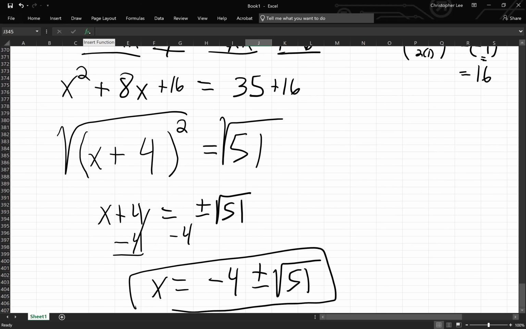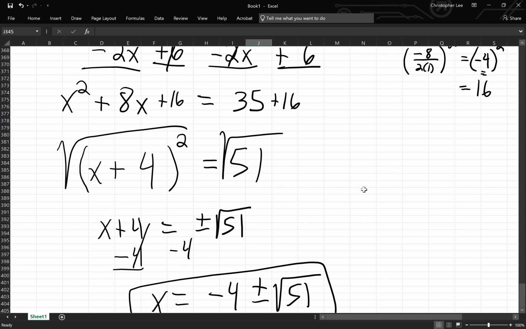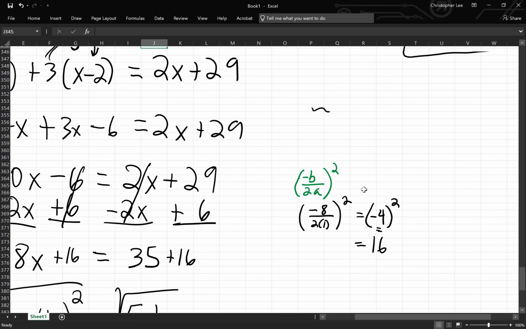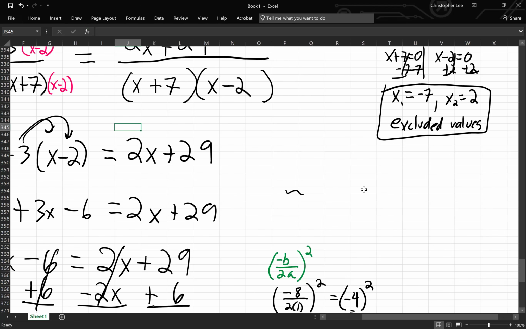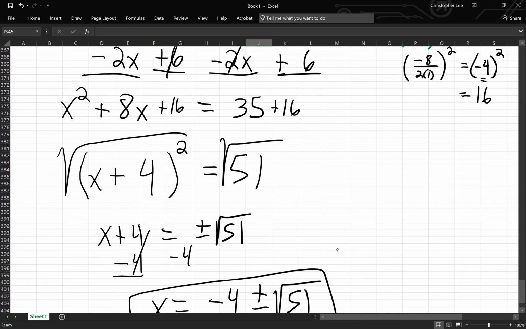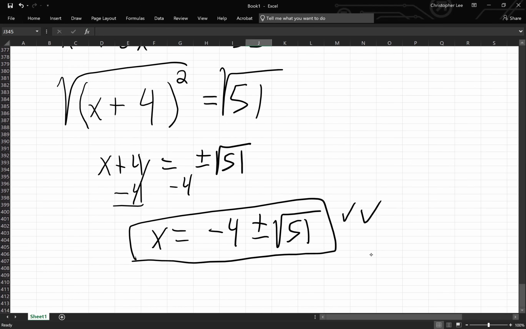And that's it. After you get these answers, there's two answers there, right? Compare them with your LCD. Are they the same? No. So I know that the answers that I found are correct. So this is truly the right answer right here, negative 4 plus or minus square root 51. Had it equaled one of those, then there would have been an excluded value there, right?